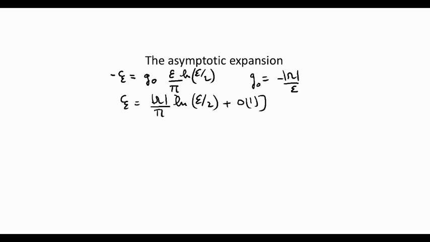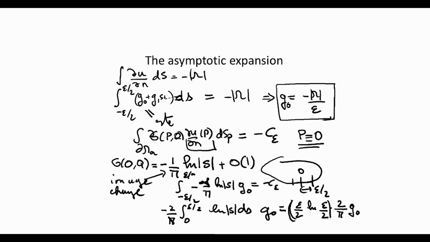This can always be written because 2 is really O of 1, so this is log of epsilon. And I think, yeah, so this should be C epsilon. Let's go back to see what we get.